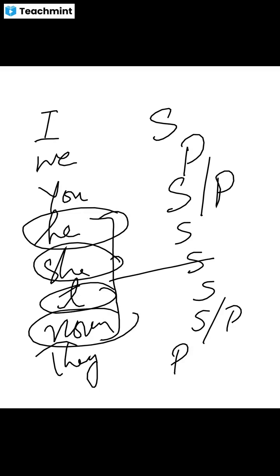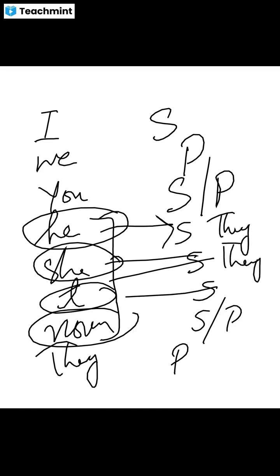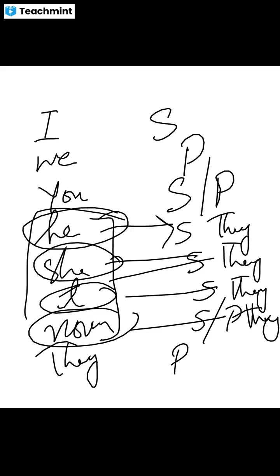It's extremely easy. Plural of he is they, plural of she is they again, plural of it is they again, plural of noun is they. So these four words have one plural word, that is they. I hope you understood it.